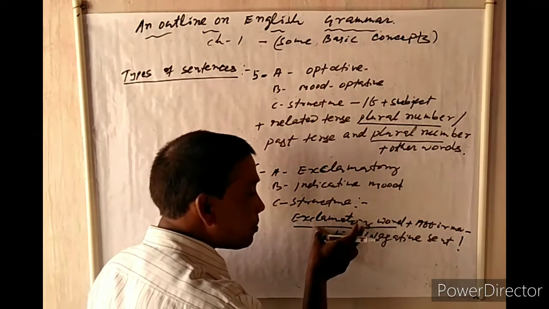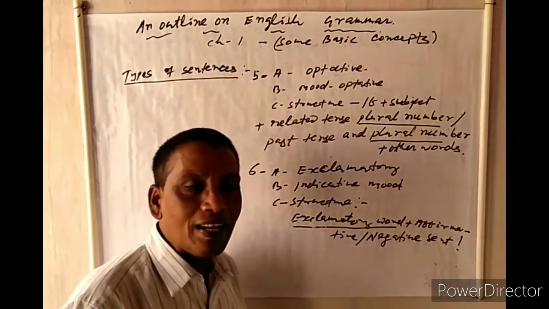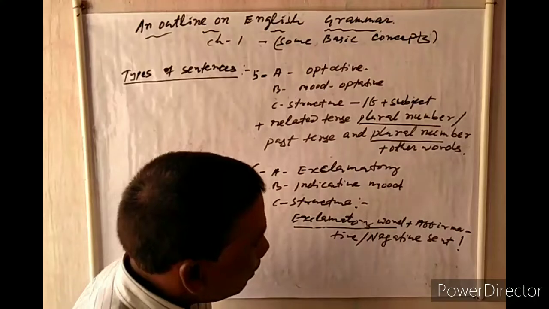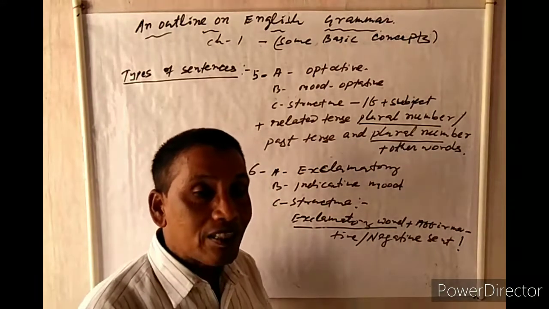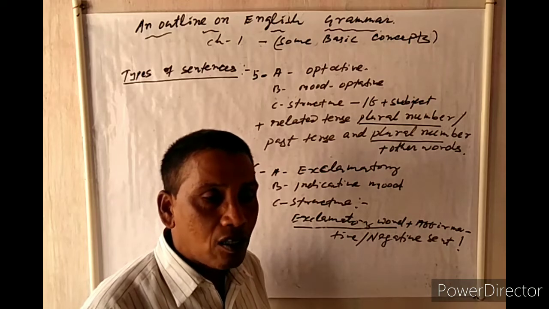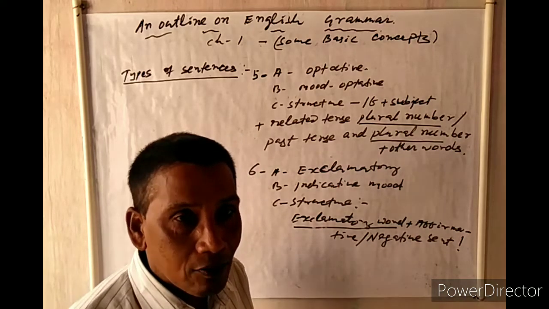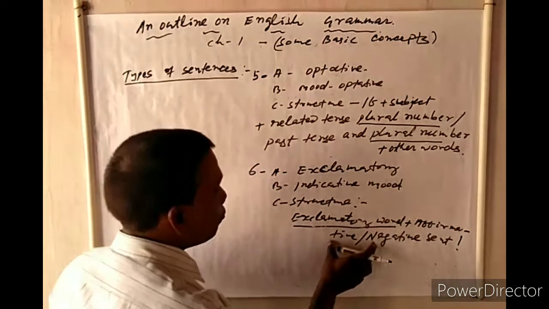So these are the expressions. Exclamatory sentences are a way of producing expressions of surprise, anger, angst, sadness, pleasure, displeasure, like this.